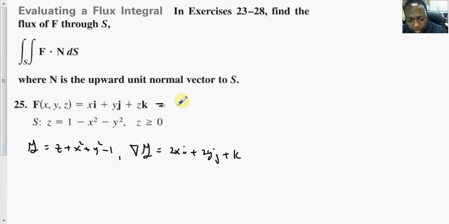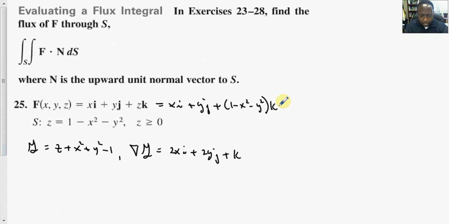And then capital F is xi. Everything must be in terms of x and y. Z depends on x and y. So this is xi plus yj plus z, but that's parentheses 1 minus x squared minus y squared.